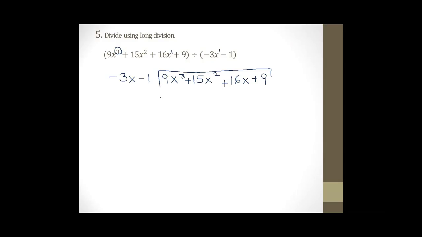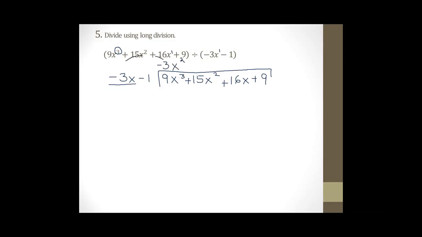So having it set up, we're going to start by asking ourselves, how many times does the negative 3x go into 9x cubed? Or by what number do I have to multiply the negative 3x to get 9x cubed? I would have to multiply it by a negative 3 to get the 9, and then x squared to get x cubed.